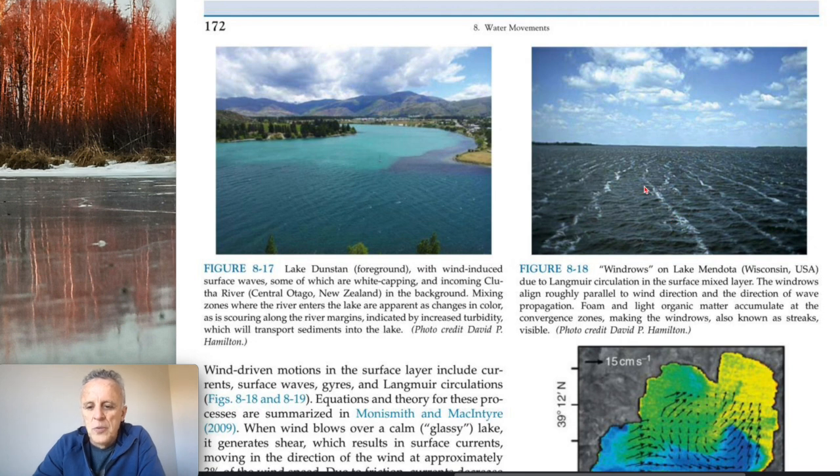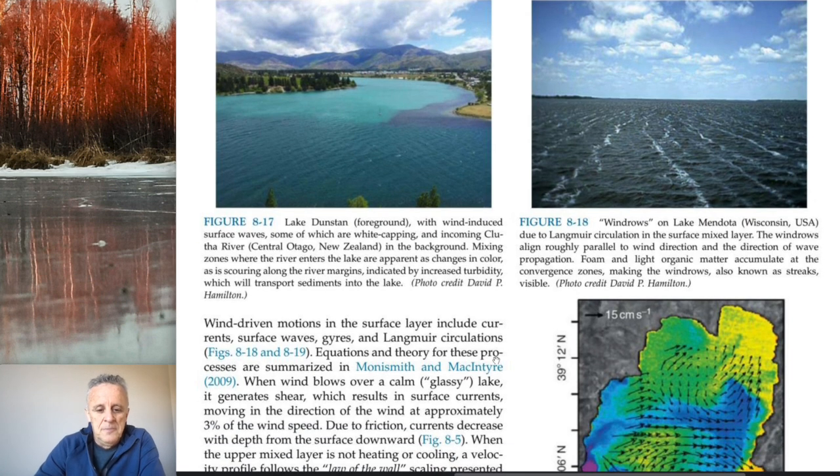So these are the wind rows. This is white capping, and so there's foam accumulating there as well as organic matter, although we cannot really see it very well. And so that's pretty much driven by the winds, and so you can therefore infer that the wind is coming from the person taking the picture toward the horizon here, I believe.